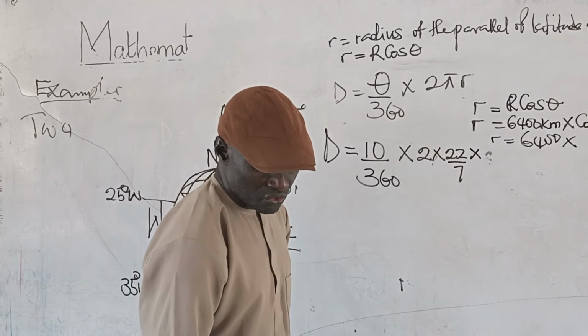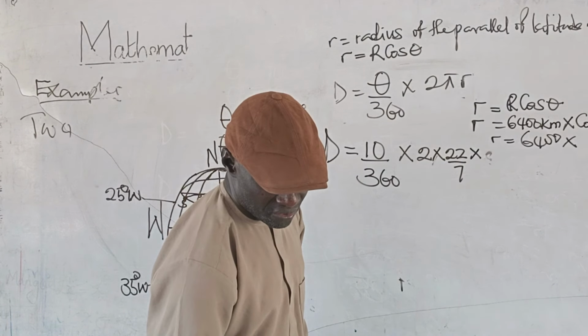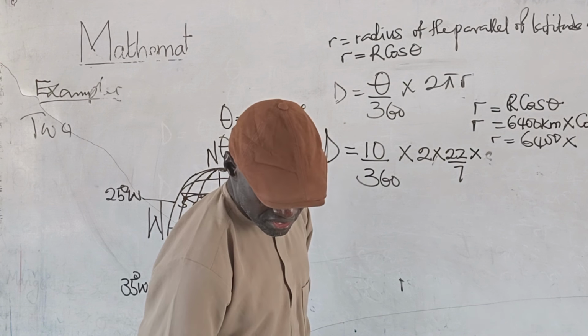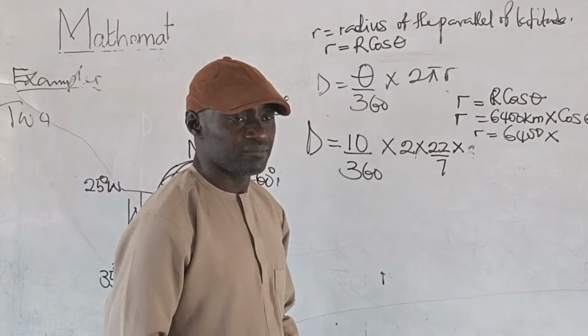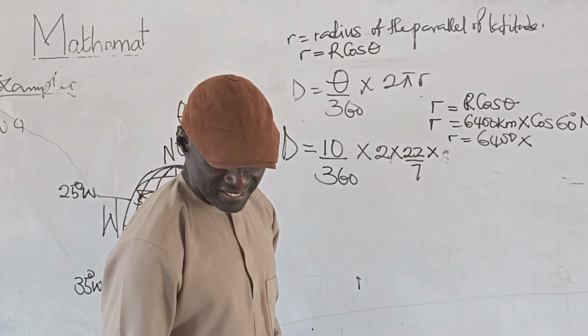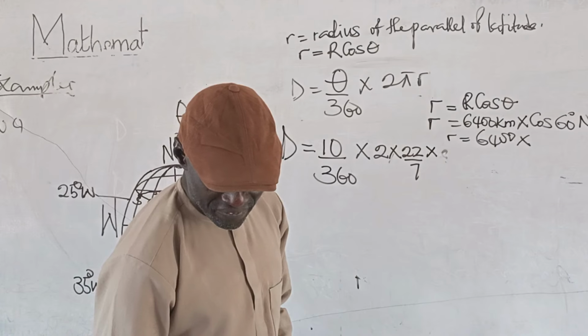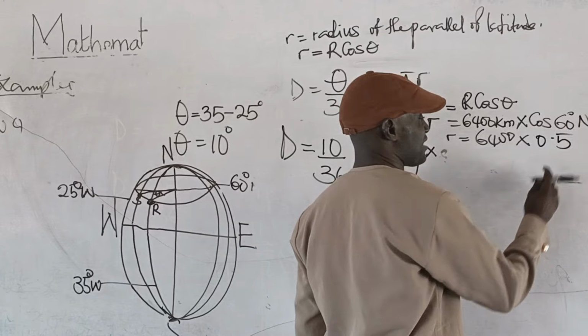Cos 60, what are we going to have as cos 60? Cos 60 is going to give us 0.5, which is half.